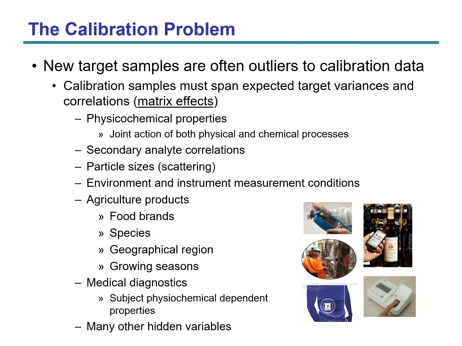For example, for agriculture products, it could be that I built a model to predict some agriculture product from some geographical region, but now the model won't work for another geographical region. And so we have many of these hidden variables, which we call matrix effects in analytical chemistry, and they can make your prediction inaccurate.